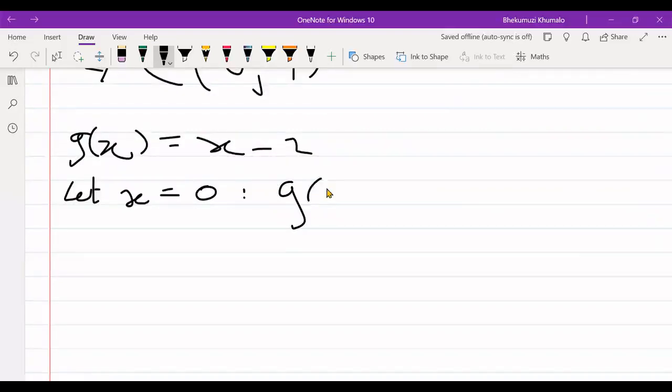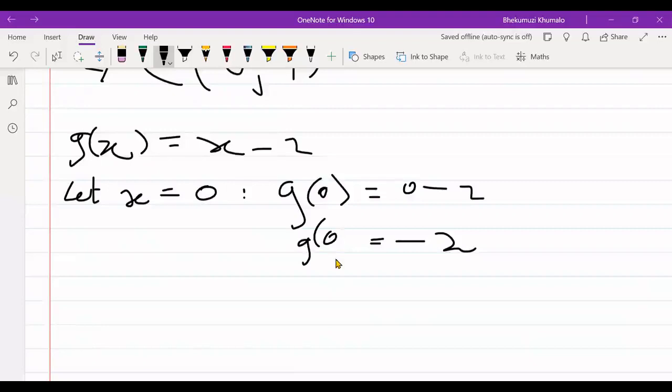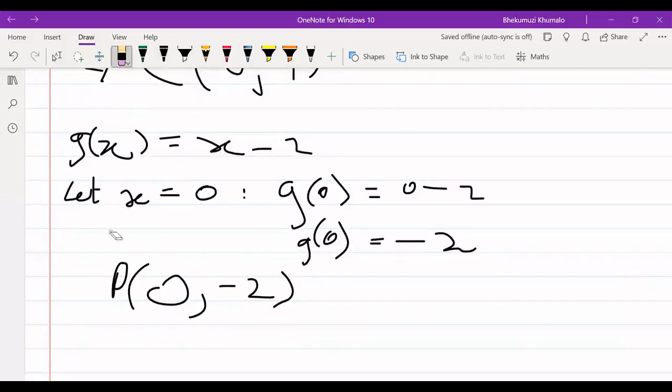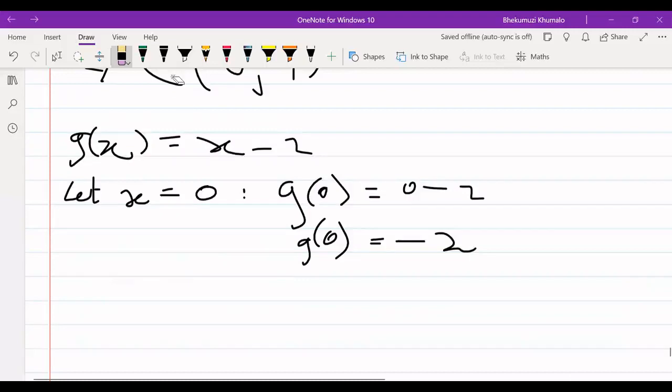Because we're looking for the y-intercept. And so this is 0 minus 2, and the answer there is just minus 2. And that's g of 0. And so D is equal to (0; -2). And that would be your intercept there. So the coordinate of D would be (0; -2).